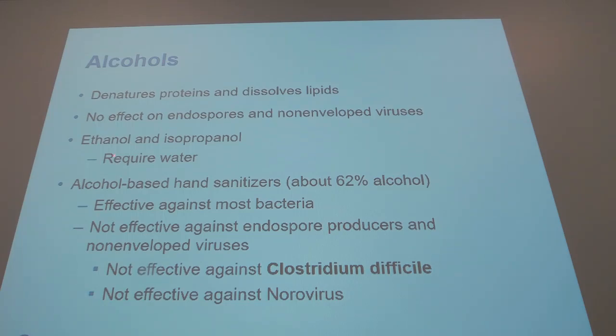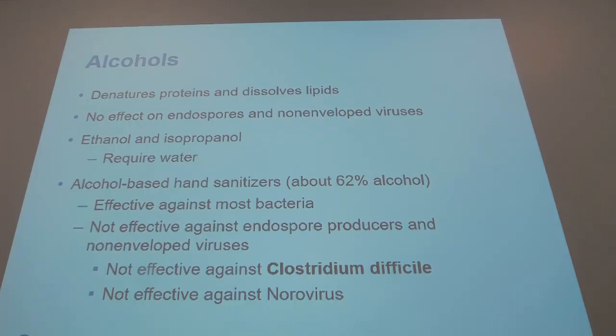So we have certain types of alcohols like ethanol and isopropanol, and they require water to be effective. Alcohol-based sanitizers have a concentration of 62%. The other 38 will be water. And then they are effective against most bacteria.